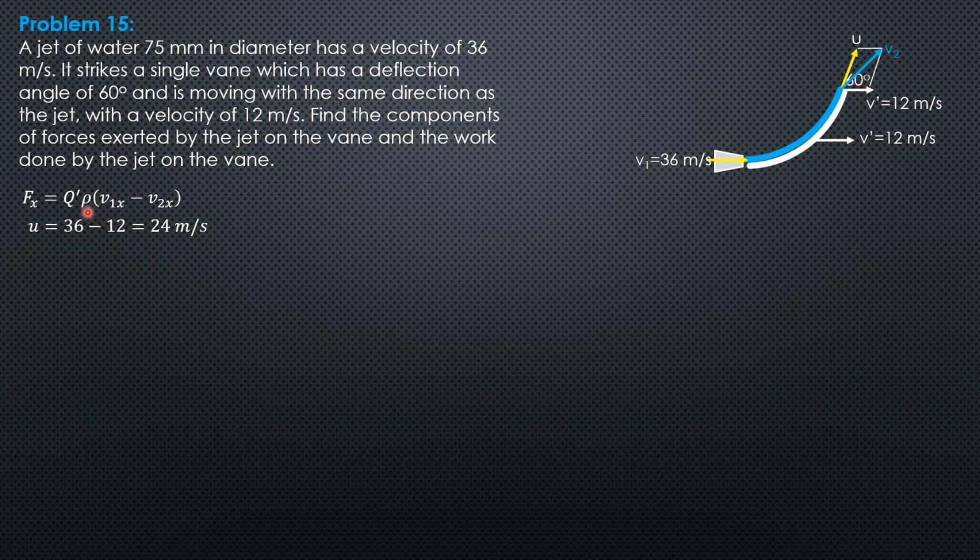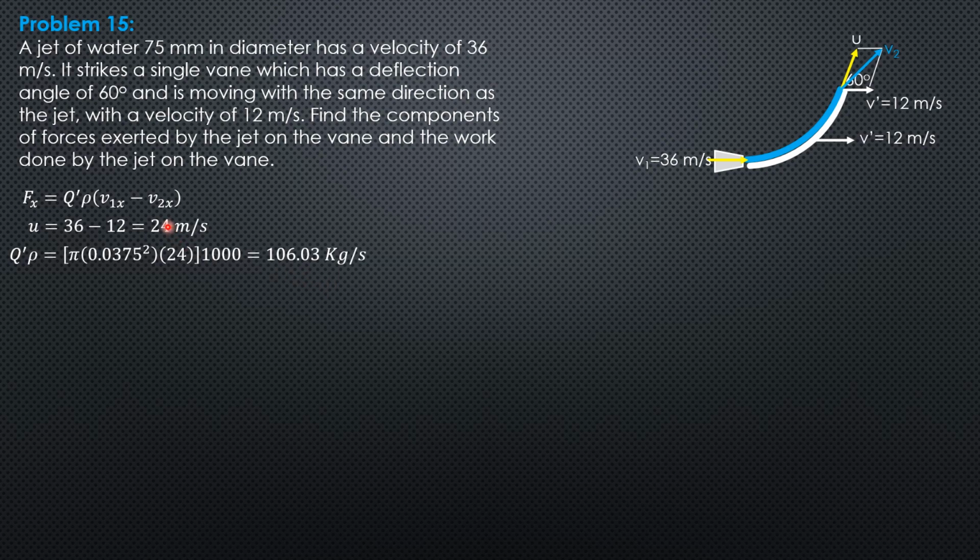So let's evaluate q prime rho, because this is the same mass flow rate to be used for Fy. So q prime rho is area times u: pi times 0.0375 squared times 24, then density 1000 of water, so 106.03 kilograms per second.